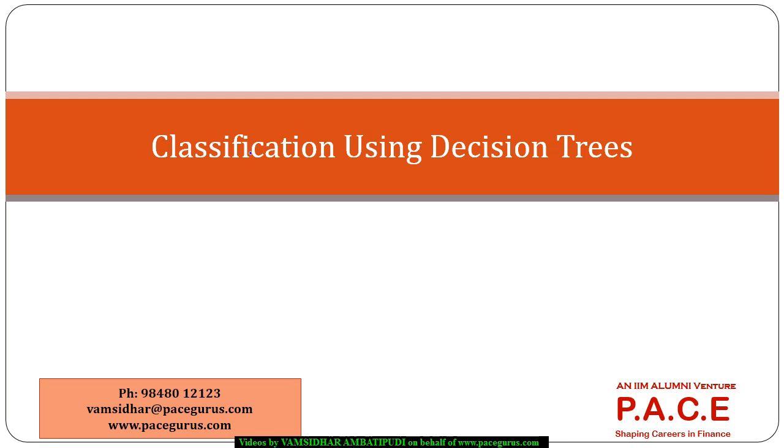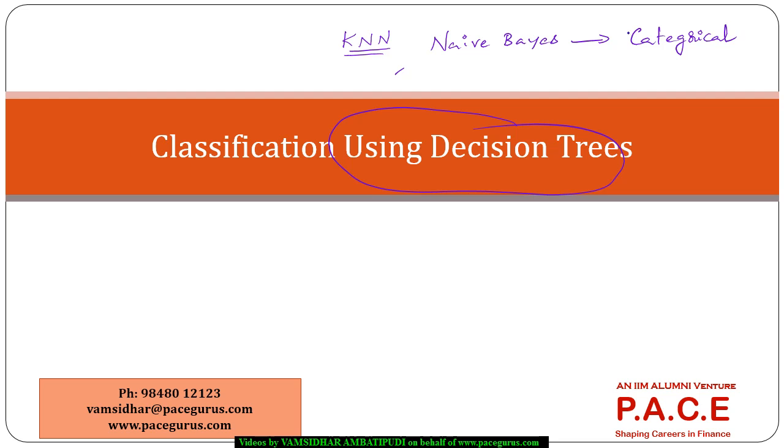Hello everyone. In this session, I will be talking about using decision trees for classification purposes. We already know that for various kinds of classification, you can use a KNN algorithm, which is nearest neighbors, or you could use the naive Bayes algorithm, especially if your classification is based on categorical kind of data.